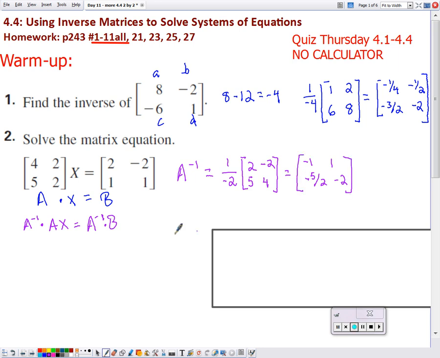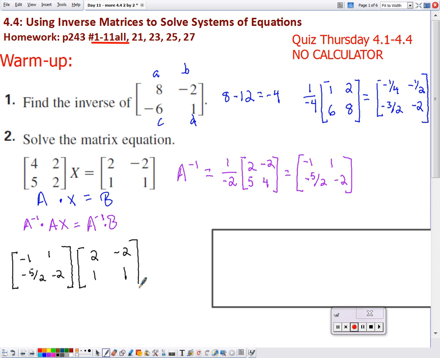Alright, so now to solve for matrix X, I need to do A inverse times B. So here we go. A inverse is negative 1, 1, negative 5/2, negative 2, times matrix B. So this is going to be 2, negative 2, 1, 1.